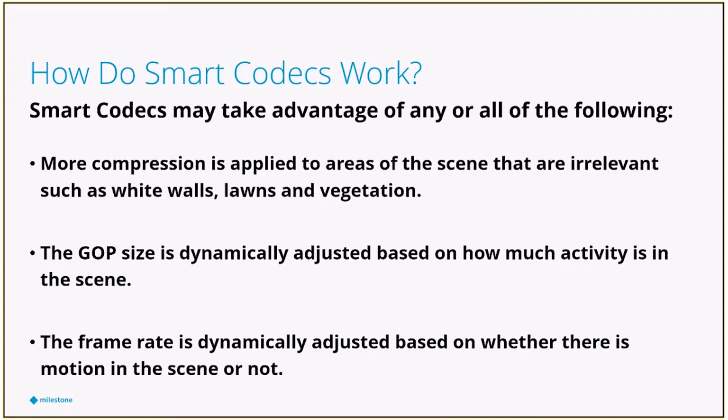So it'll look lower quality in that area, but because there's no activity, like a white wall or a bunch of cars sitting in a parking lot that aren't moving, there's usually no need for a higher quality image there until there's activity around it. So it'll put more compression on the video to drop that down.